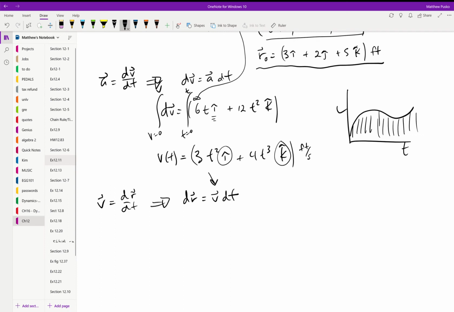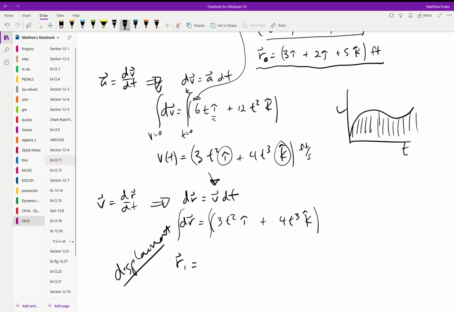Substituting in v, I get 3t squared, don't drop the i, plus 4t to the third, don't drop the k. And we're going to integrate, and this is going to give me some final position vector, some r1 if this was some r0. And it's not, it's a displacement, right? So we need to add these two things together in a second.